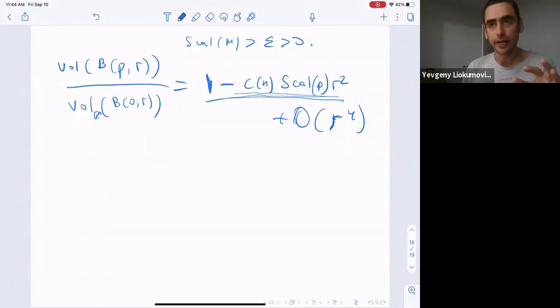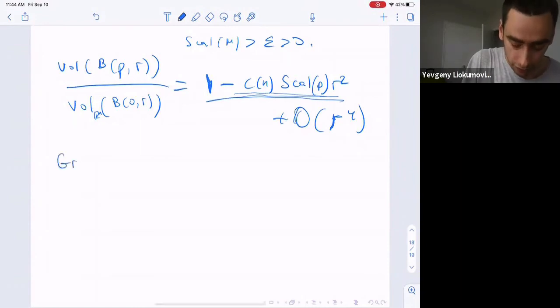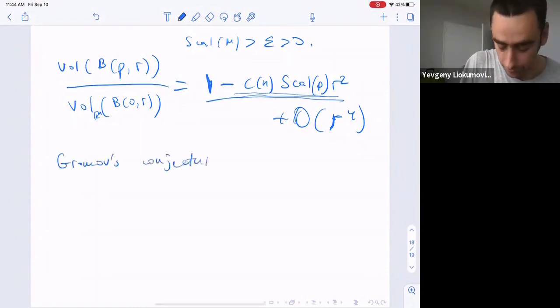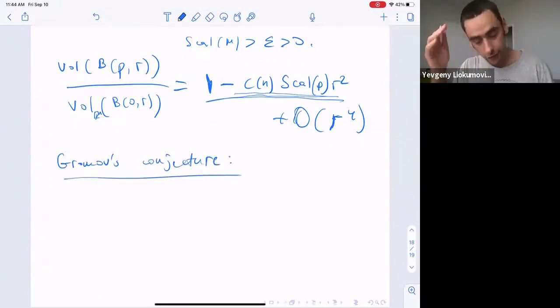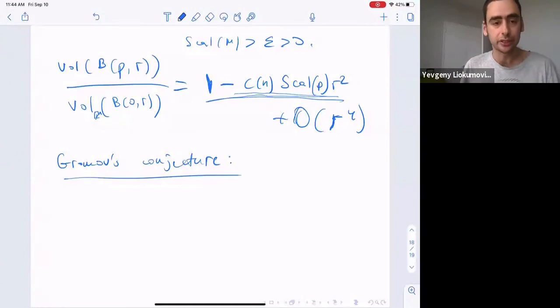And so if you could prove an analog of our result with optimal constants, where just being slightly smaller than Euclidean implies that you actually have small Urysohn width, then that would be really cool, because of Gromov's conjecture. The scalar curvature is a very weak curvature invariant, unlike sectional or Ricci curvature.